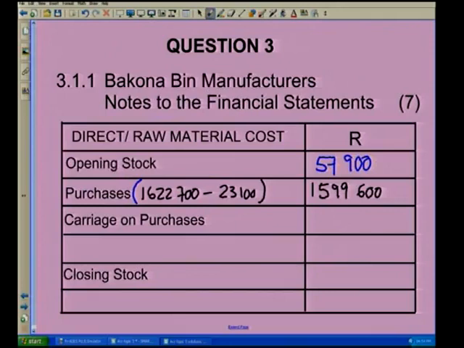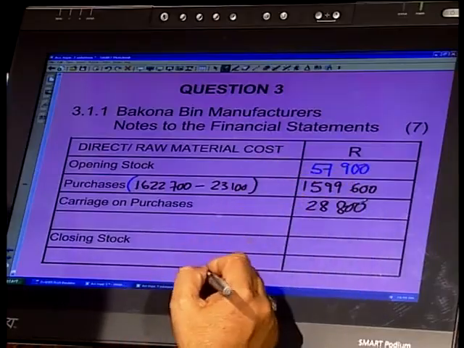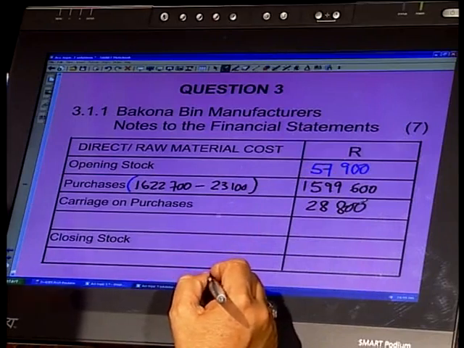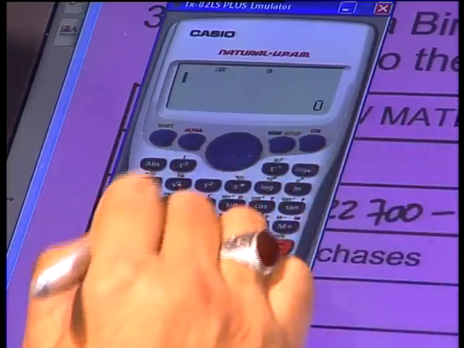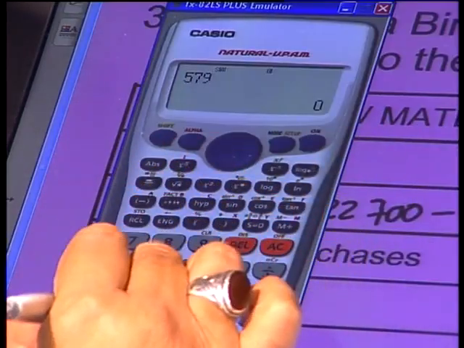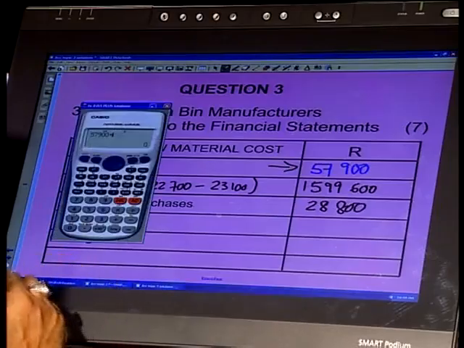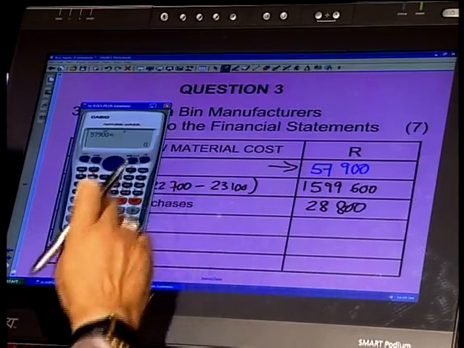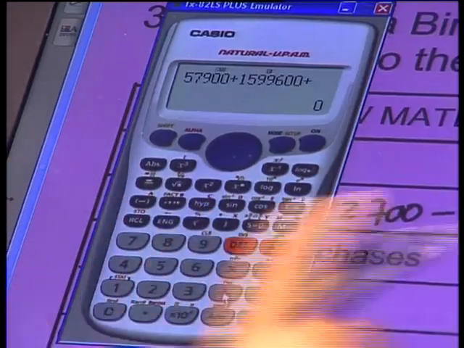Okay, done. Going back to my question, what else do I have? Carriage on raw materials purchased, 28,800. Carriage on purchases, 28,800. Okay, now what do I have? I've got my opening stock, I've got my purchases, I've got my carriage on purchases. I add those three items together. Let's do that. 57,900 plus, that's that one, okay?